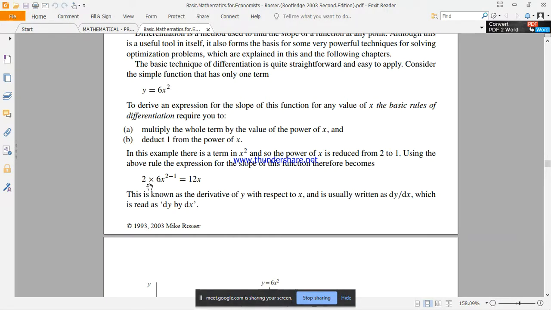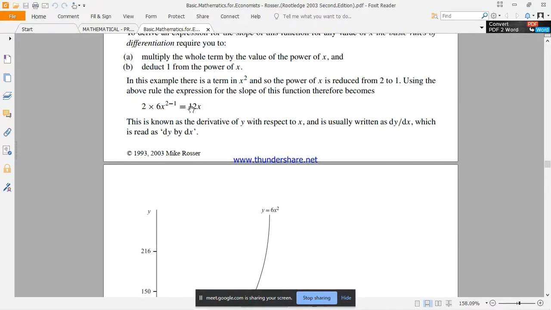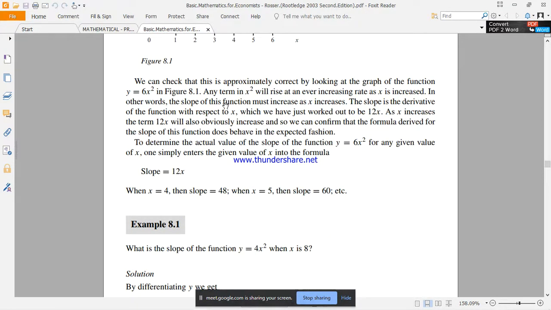So I'll have 2 times 6x raised to the power 2 less 1, which is just 12x, which means the slope of this particular function is 12x. So the change in y per unit change in x, dy/dx, is just 12x.